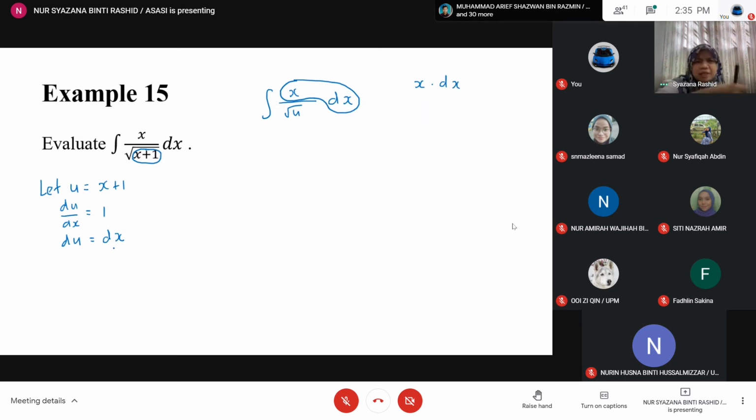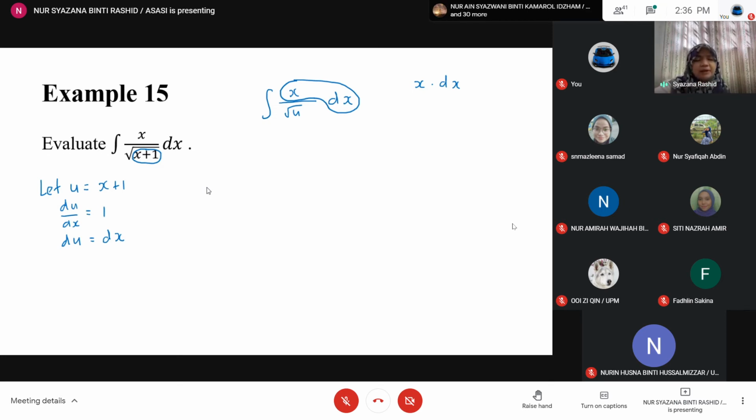This kind of situation happens in substitution. So focus, give your attention here. If a case like this happens, do not immediately conclude that you made a mistake or chose the wrong substitution. Actually, you are on the right track.